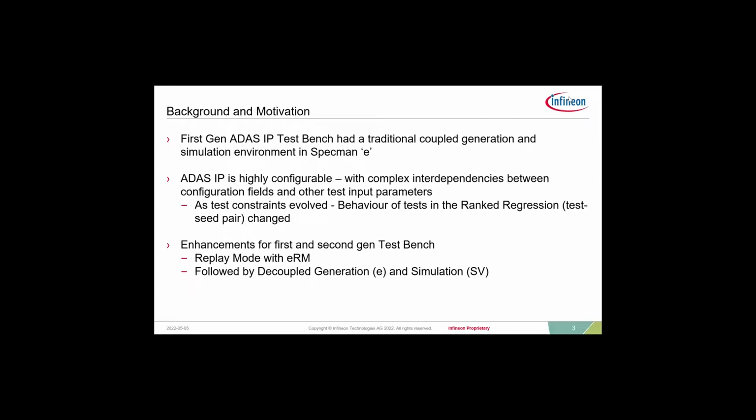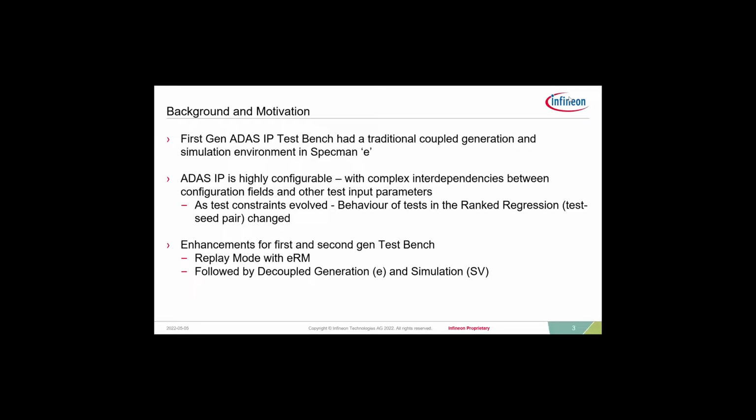However, the ADAS IP that we were working on is highly configurable, with around 300 to 400 configurable fields and a large amount of interdependency between those fields. So you can imagine there were quite a lot of constraints to write, and those constraints were constantly evolving as the maturity increased.